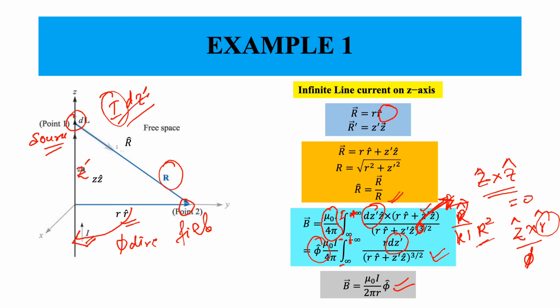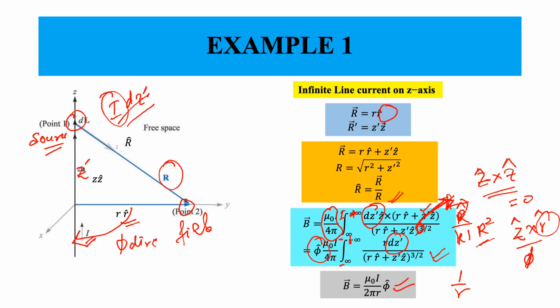So the magnetic flux density is in the direction of phi, varying only as 1 by r, not as 1 by r square. This variation of 1 by r for an infinite line current should remind you of the variation of electric field with respect to an infinite line charge density. It is essentially the same sort of behavior.